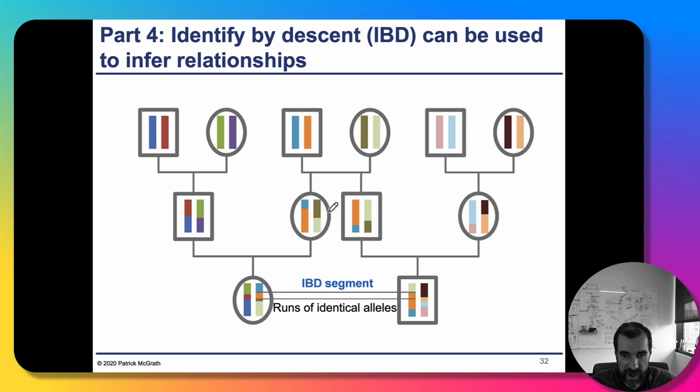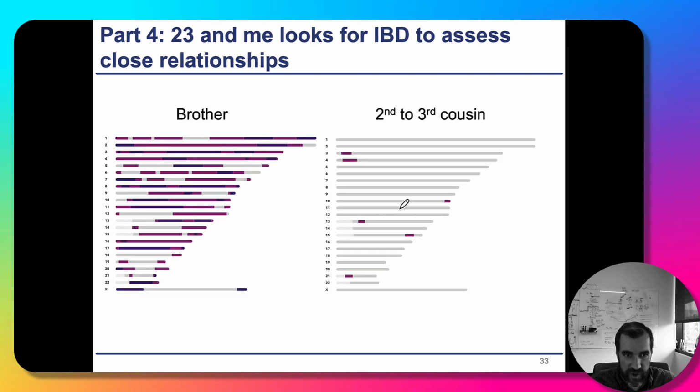All right, the final part is going to be talking about how we recognize familial relationships. As I said, the way Ancestry.com or 23andMe will recognize close relationships is by looking for runs of DNA where the dice isn't random.